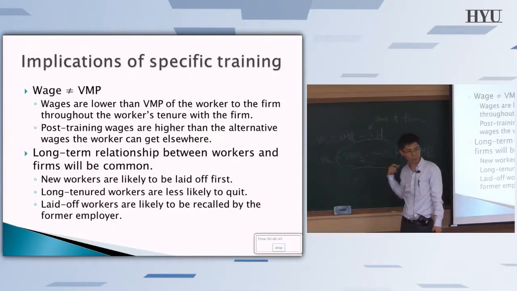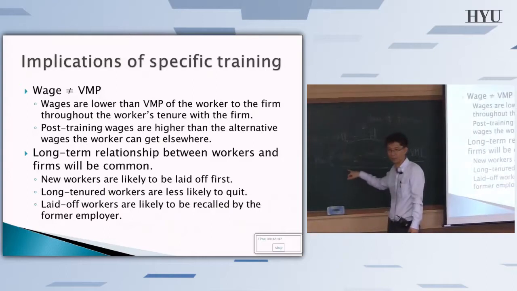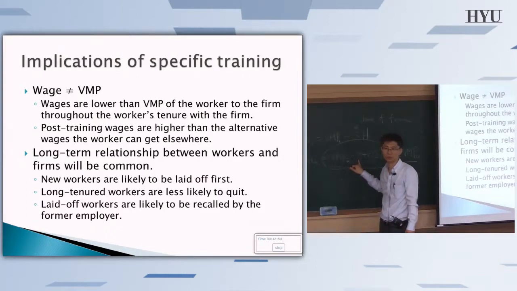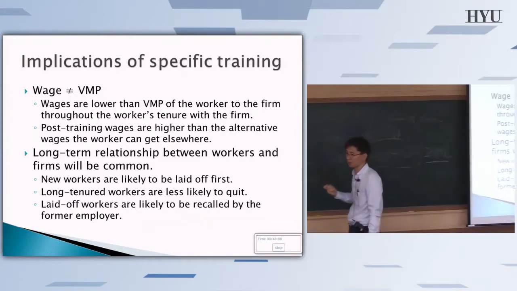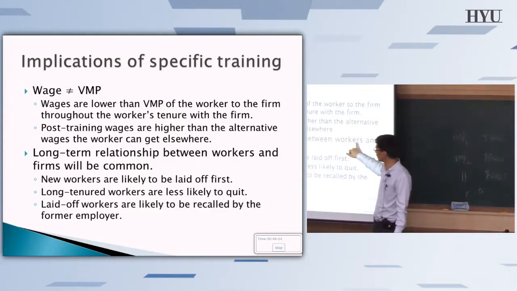From the employers' point of view, they are paying less than BMP, less than what they produce. So the employer has no incentive to lay off this worker. So both benefit from this relationship. That means there will be a long-term relationship between workers and the firms.